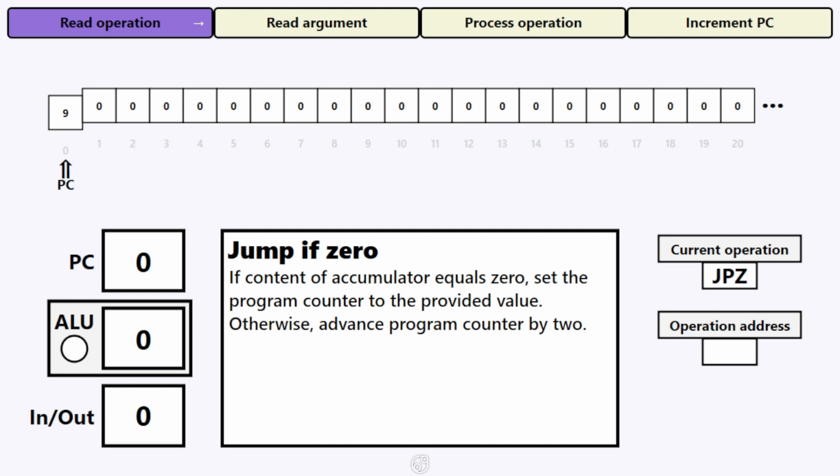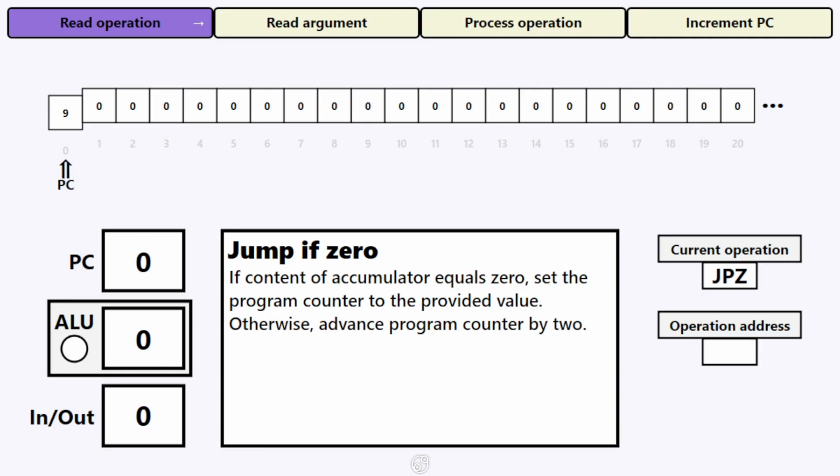Yeah, I'm sure we talked about that in the first one, right? Can't quite remember, it's been 2 weeks. We should have talked about that. Jump if 0 is a jump operation that only jumps if the accumulator is currently 0. And if it's anything other than 0, we ignore the operation basically, or the entire instruction to be specific.